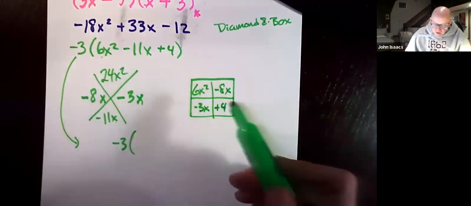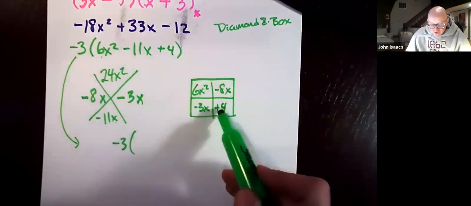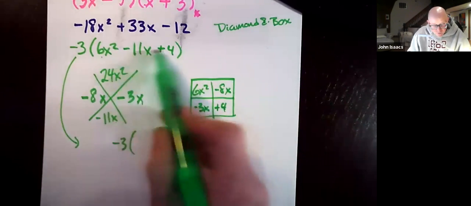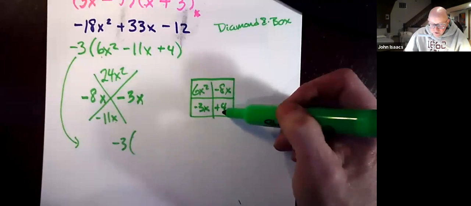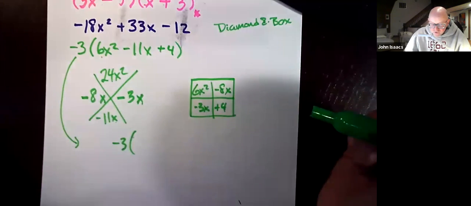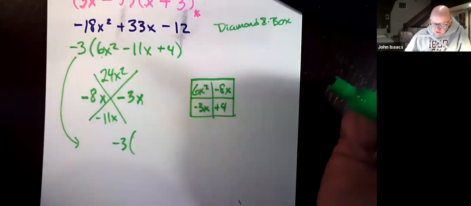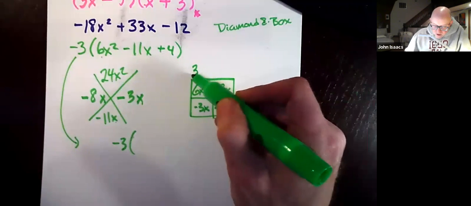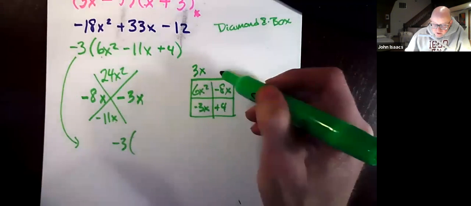So what we've done is we've written this trinomial as a 4-term polynomial, but it's exactly the same as what we had here. Now what we do is we take the greatest common factor in each column, the greatest common factor in each row, and we put those on top. So the biggest thing that divides into both of these evenly is 3x. The biggest thing that divides into both of these evenly is 4.